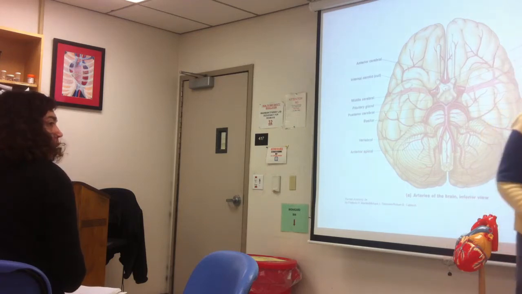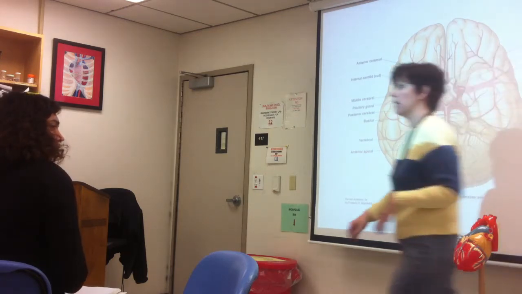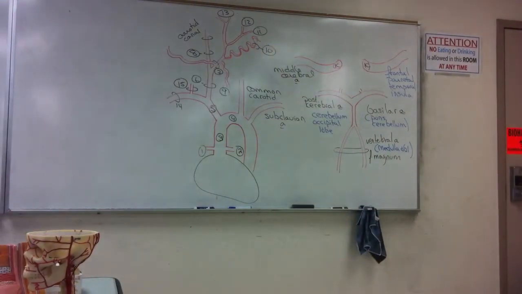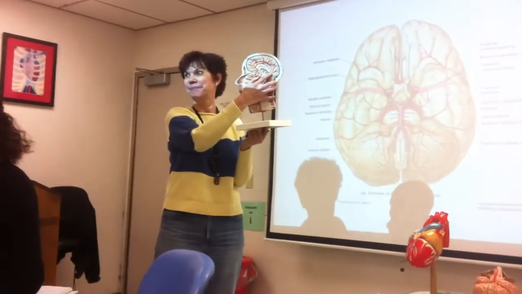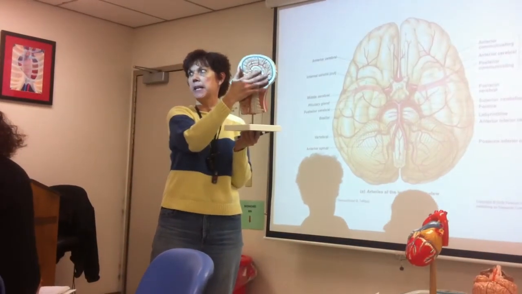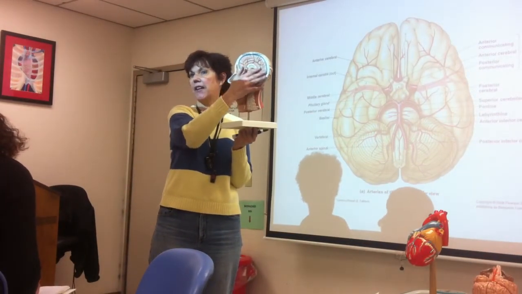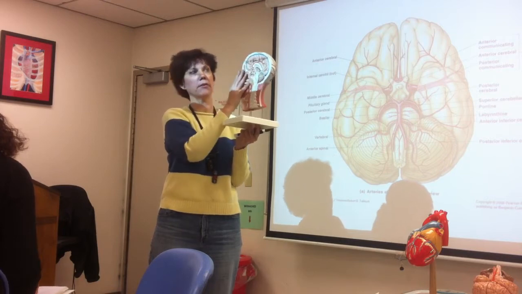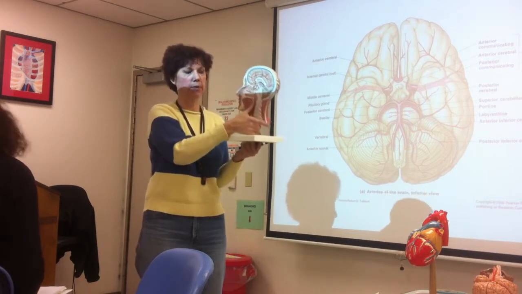The next set of vessels branching from the cerebral artery are much smaller. They're going to pass through the longitudinal fissure and over the corpus callosum. And they're going to supply the medial surface of the brain, so the medial surface of the frontal and parietal lobes.